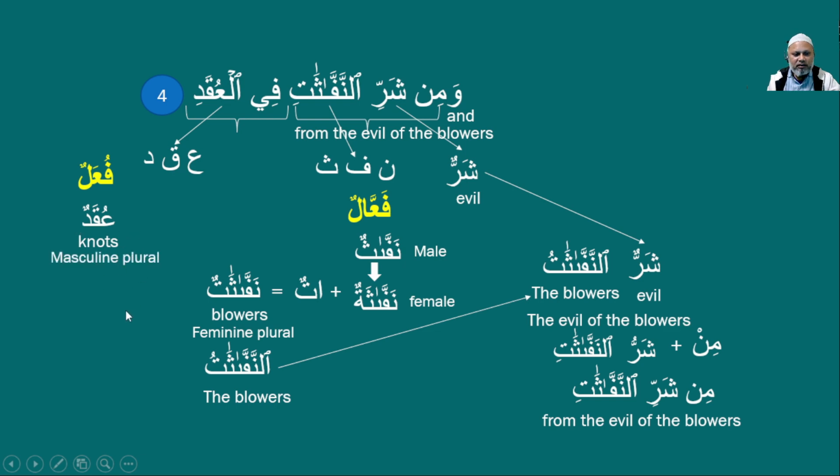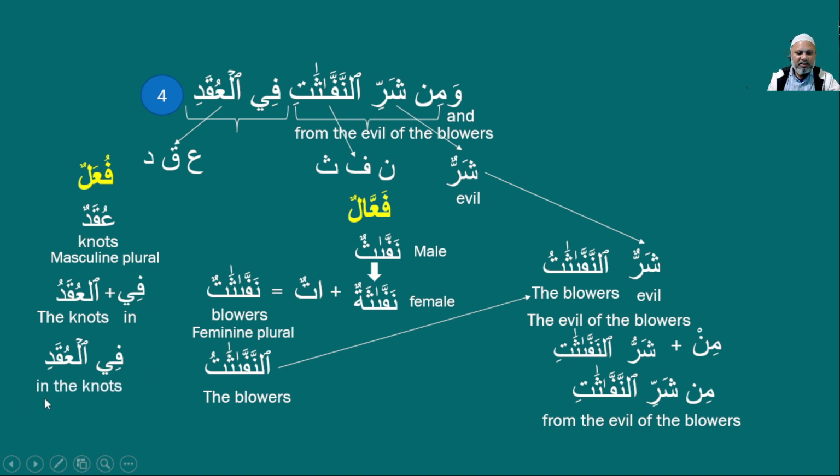Now put al, it will be al-uqadu, the knots, plural. Put fi, the harf of jar, meaning in, and it will be fil-uqadi. Al-uqadu becomes al-uqadi because of this particle.